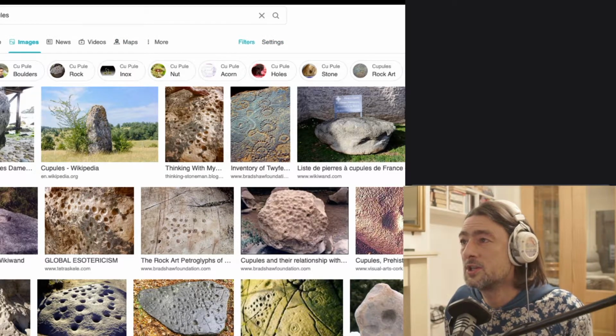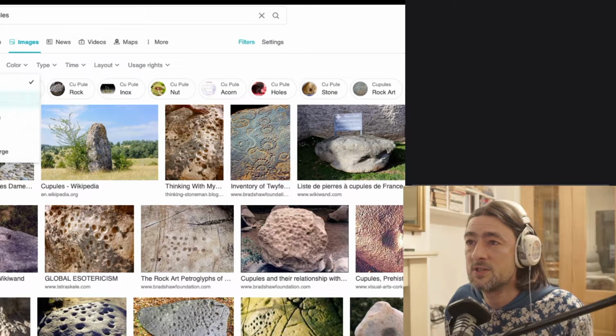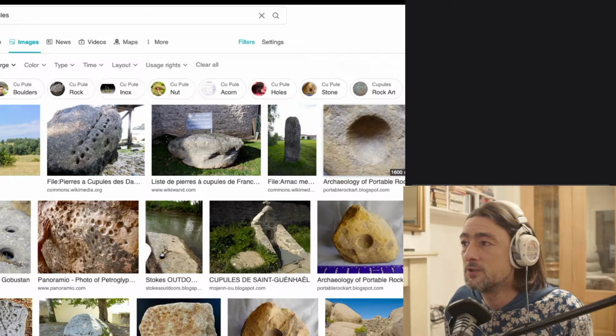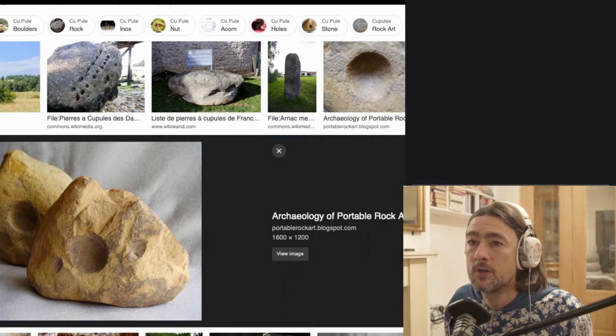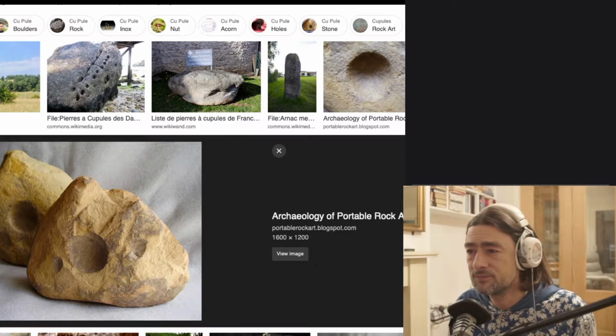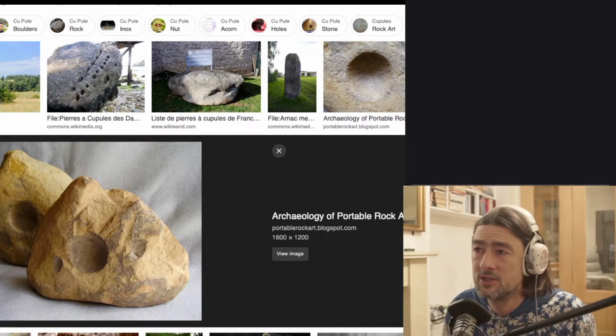These just look like rocks. Let me filter this for size. Let me make sure they're really big pictures. And let's just have a little look. This one's portable rock. A big one. Look, you can see it's been carved into an indentation. Now, these have been found in ancient caves on ancient stones.